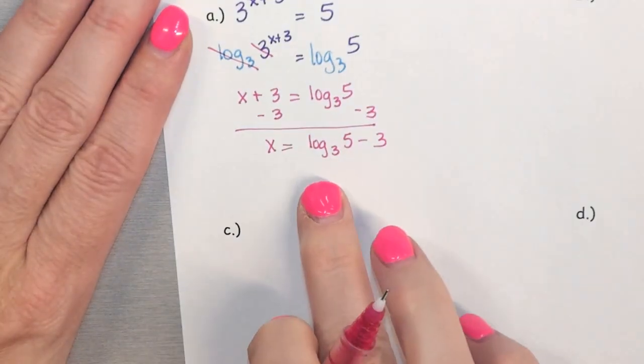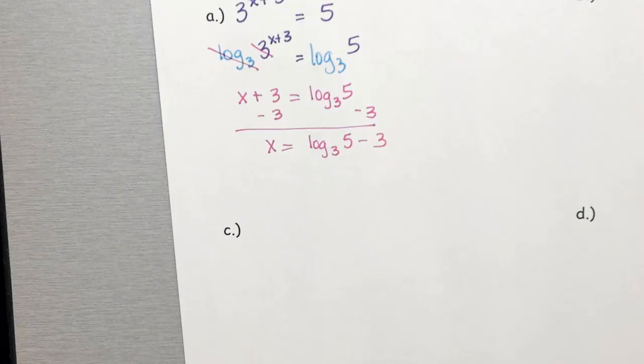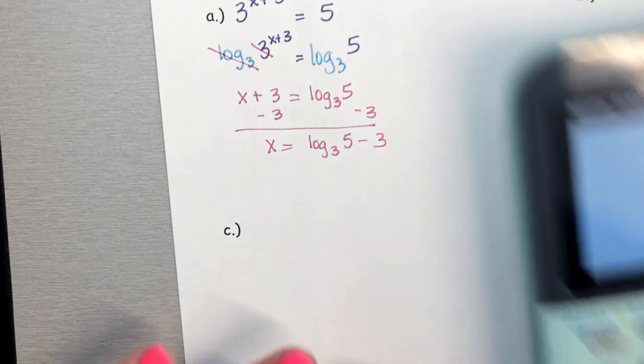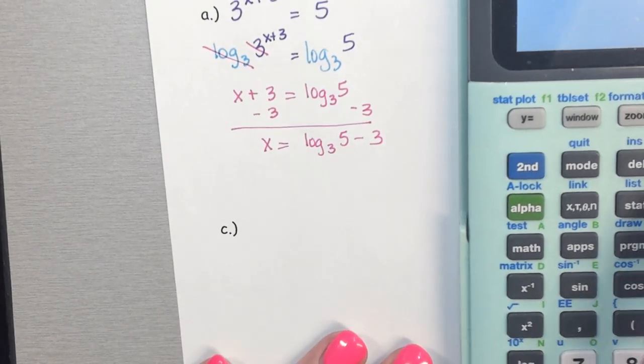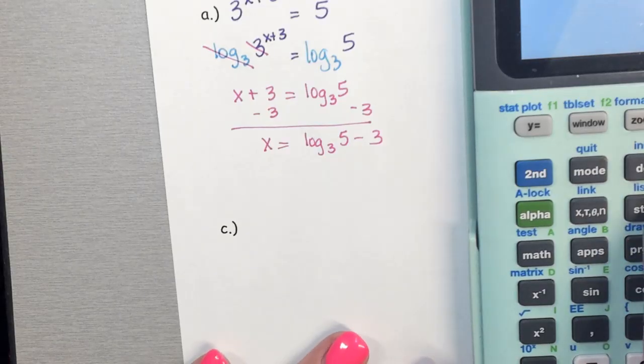Okay, and then if you need to use the change of base formula, you can do that. Otherwise, in your calculator, you can just go to math, the log base, 3, 5, minus 3.